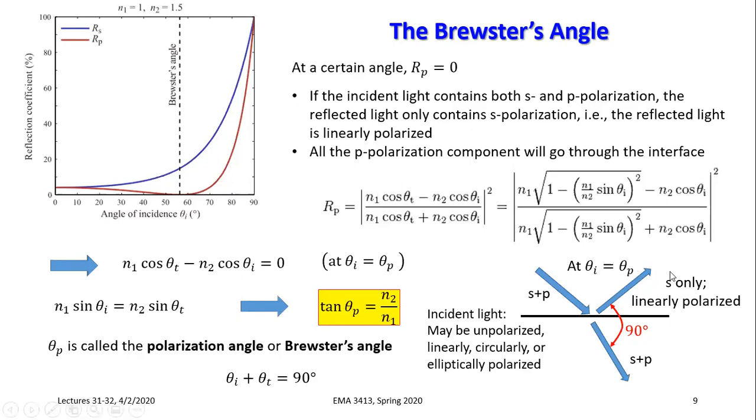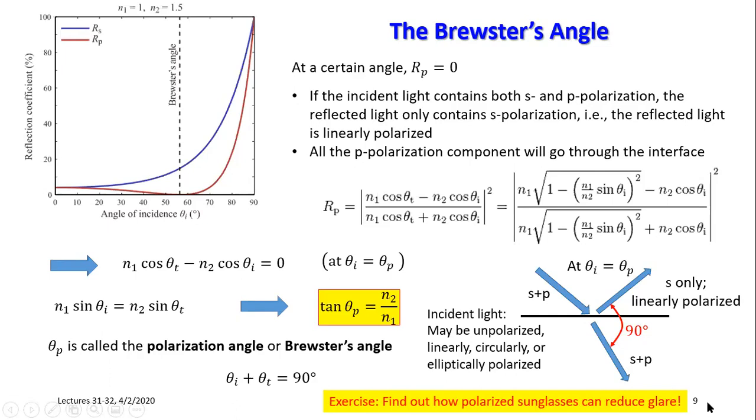So you may actually see these glares with reflection off certain things, and that's why you sometimes want to wear polarized sunglasses to help reduce glare. So this is an exercise for you to find out exactly how these polarized sunglasses work. It's related to the fact that the reflected light can possibly be linearly polarized in certain cases, if the situation is correct. All right, so now we talk about reflection, right?